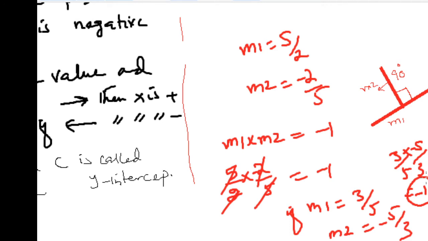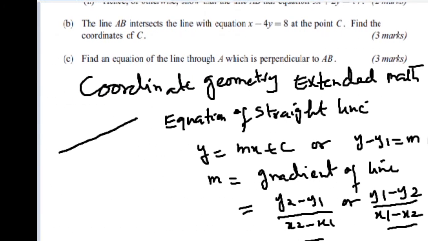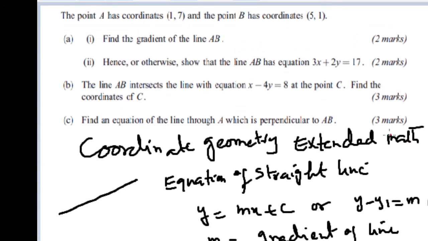So that is the result for two perpendicular lines. Now let's start the questions. I was discussing these things again with you so that if you have forgotten them, you know them again. Okay, now let's do the question.